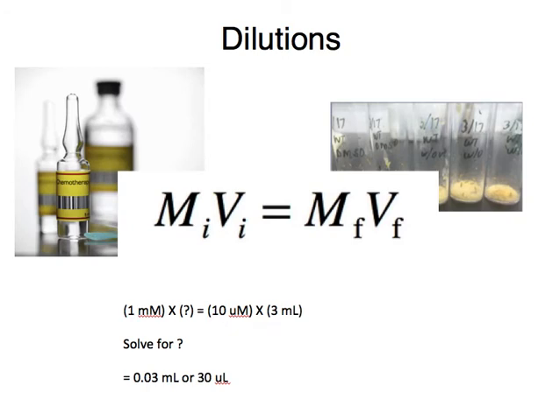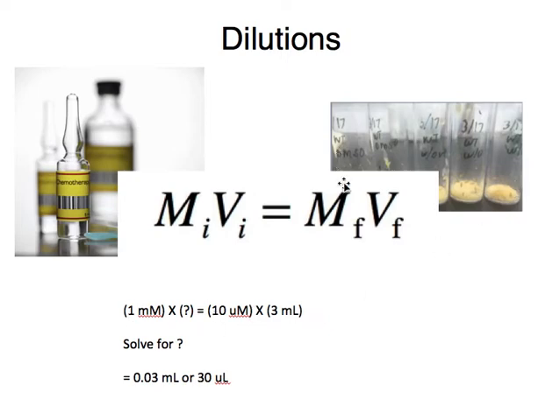Another example is people who had a chemical that was available from a chemical company. A lot of these chemicals came as a stock solution with a known molarity. So let's say that your chemotherapy or the drug that you're testing came as a stock of 1 millimolar. So this is the concentration that you're starting with. You want to test it at 10 micromolar.